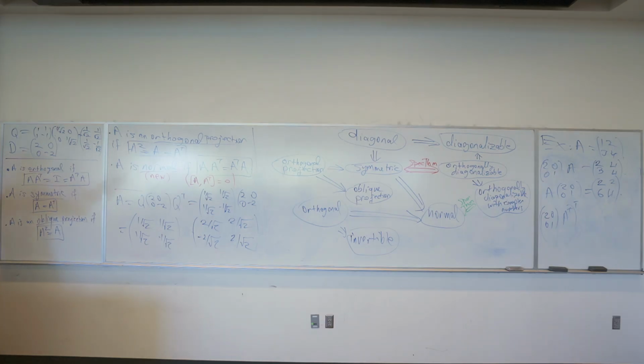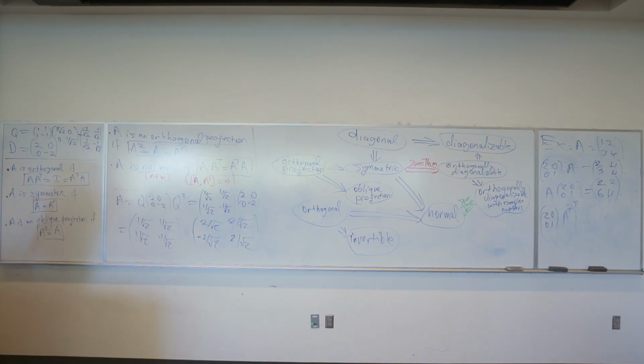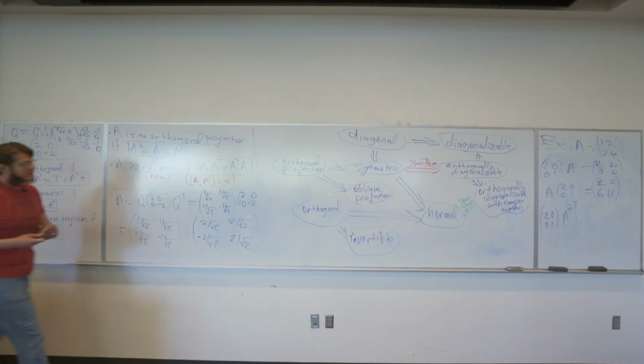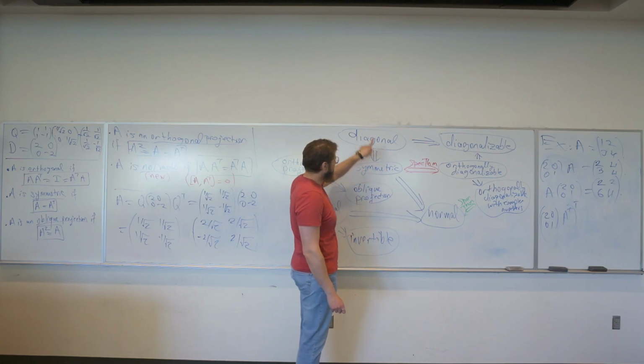Just go through this flowchart, try to come up with examples. I want to give two examples. I'm not sure if I'll be able to finish all of them. First of all, we discussed an example for this, so symmetric but not diagonal.